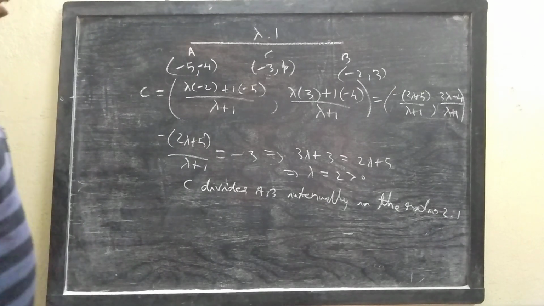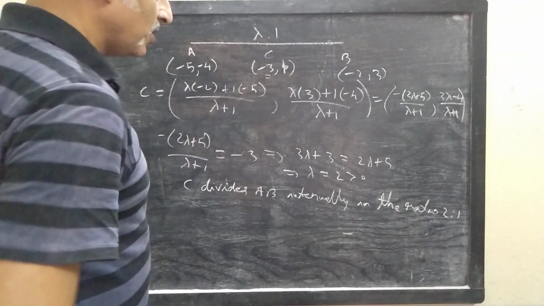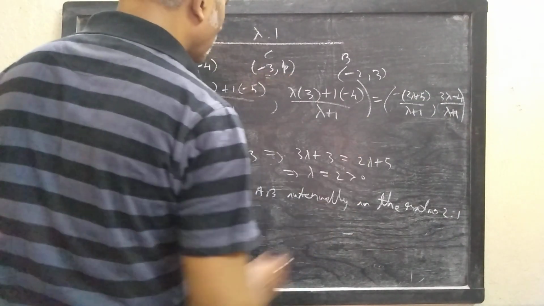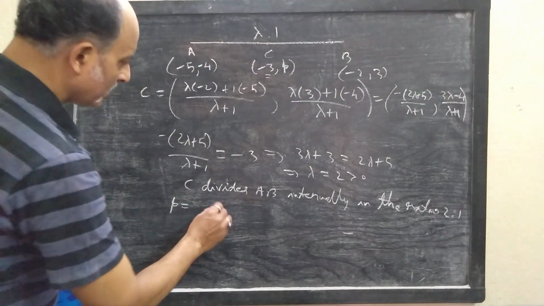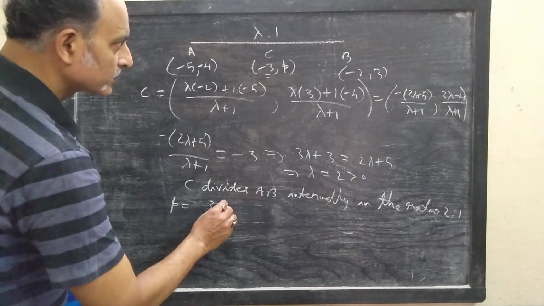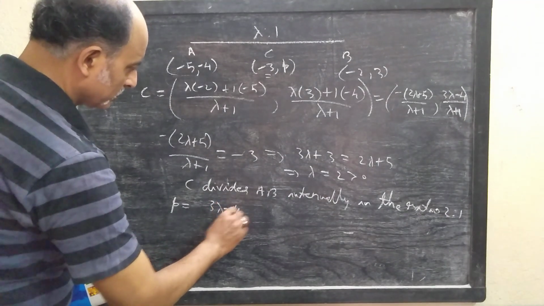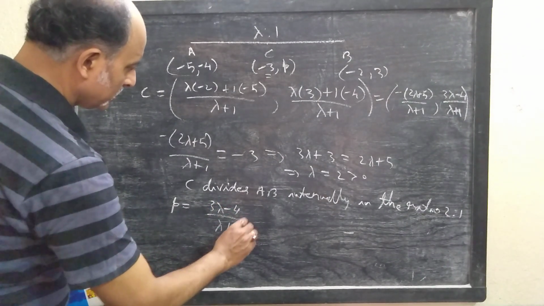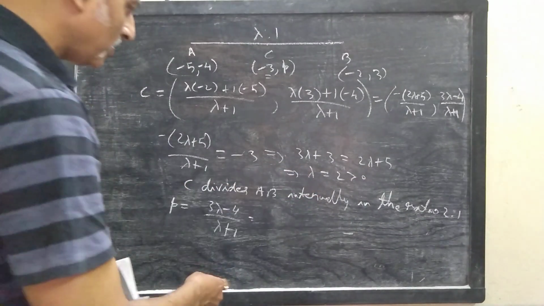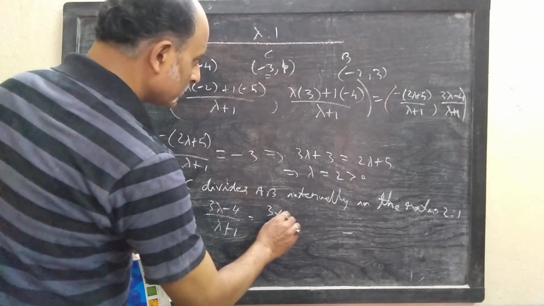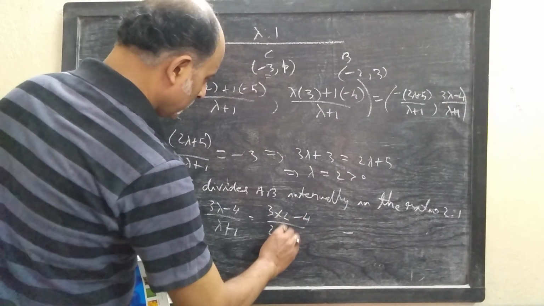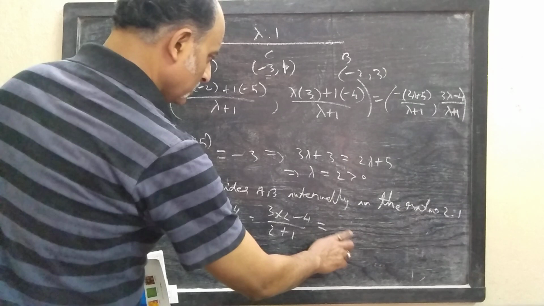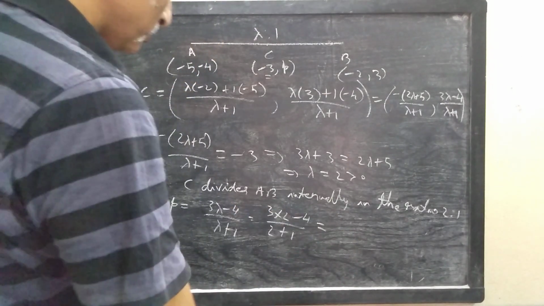Our next question to be answered is to find the value of P. Now we can equate the ordinate part. We have P equals 3 lambda minus 4 by lambda plus 1. Now just substitute the value of lambda here. 3 into 2 minus 4 by 2 plus 1. This will give you 6 minus 4, which is 2 by 3.